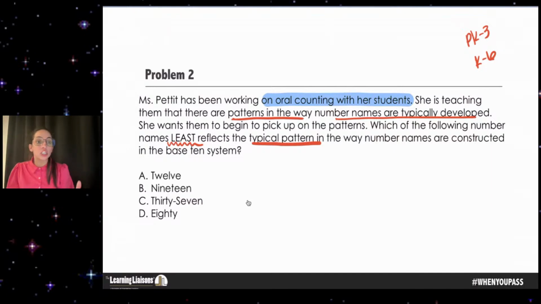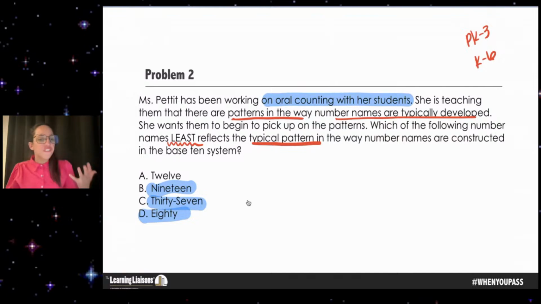And then 20 is a 2 and a 0, 21, 22, 23. They sound like the number that we're producing. So 19 is a 9 and a teen. 30, and this is so mathematically not correct, in the way that I'm speaking this, but I'm trying to relate the English language to math. 37, a 3 and a 7. 80, an 8 and a 0.